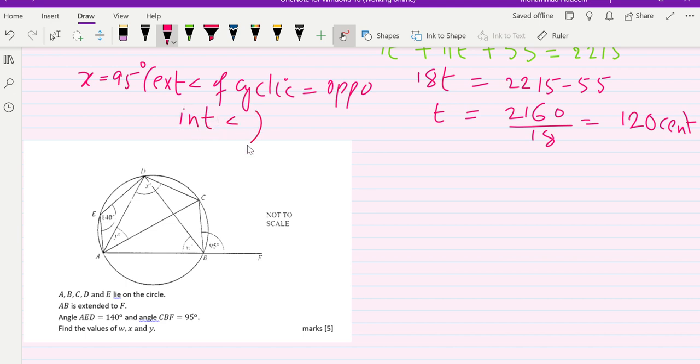You can only mention exterior angle of cyclic quadrilateral. Just mention exterior angle of cyclic, that will be enough for this reasoning part. Okay, so the value of X is 95 degrees, they are the same.